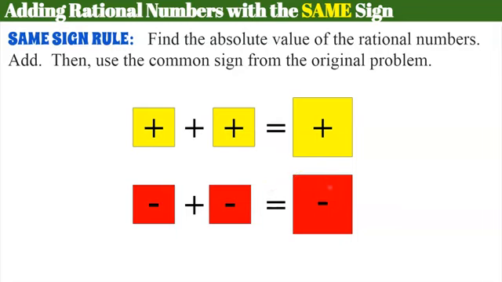Remember, the larger the absolute value of a negative number, the smaller it is, the further left on our number line it goes. So again, just as when we added integers, if two values have the same sign, they're going to keep that sign. Add their absolute values, or you can say ignore the sign, add, and then go back and keep the sign of what both numbers were.